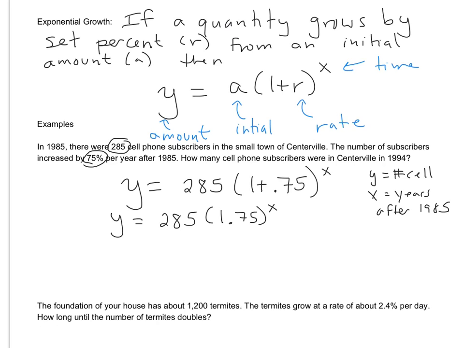So I want to know how many subscribers there were in Centerville in 1994. Well, 94 is 9 years after 85, and years, in our case, is x. So basically what we're trying to figure out, if x equals 9, how many subscribers are there? So that'd be y equals 285, 1.75 to the 9.